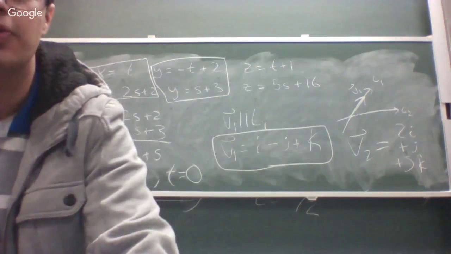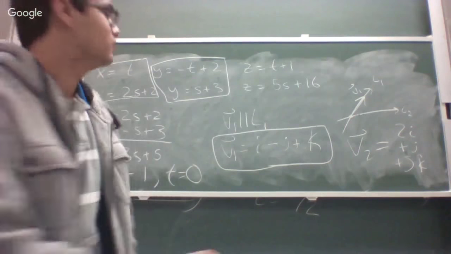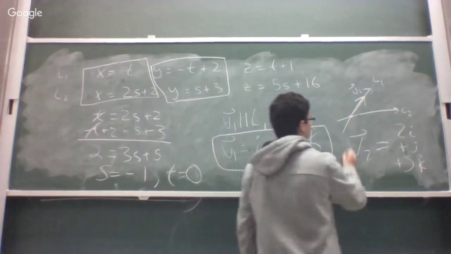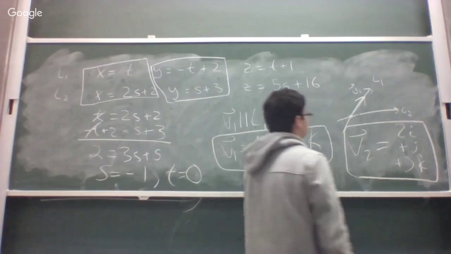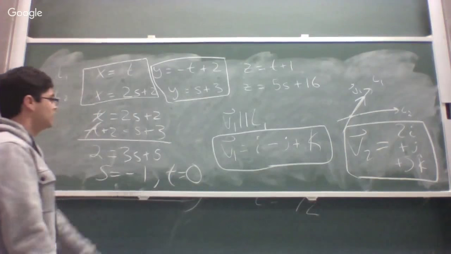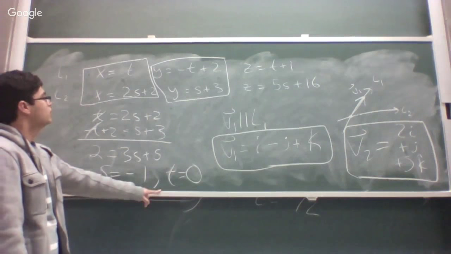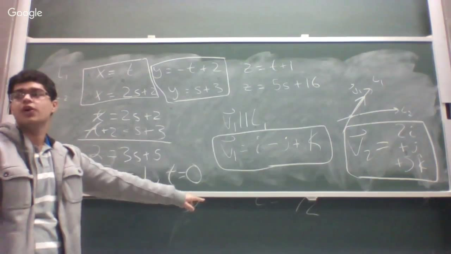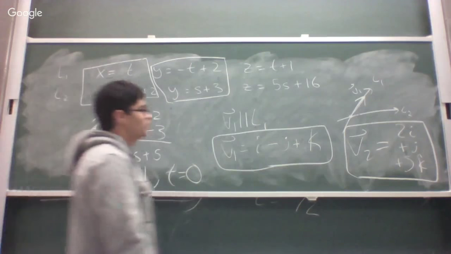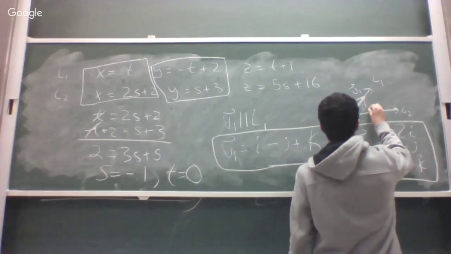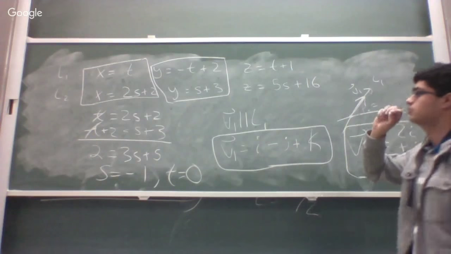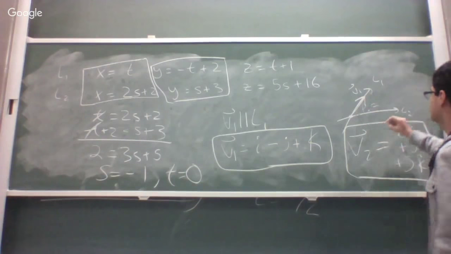Yeah, we could do one more thing. So that is V2. And since we did find what t is equal to, we set t equal to 0. What would the coordinates be for our point? 0, 2, and 1.